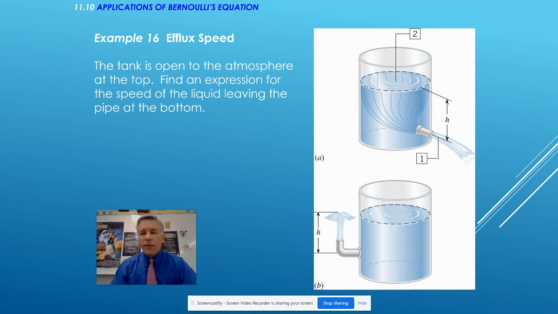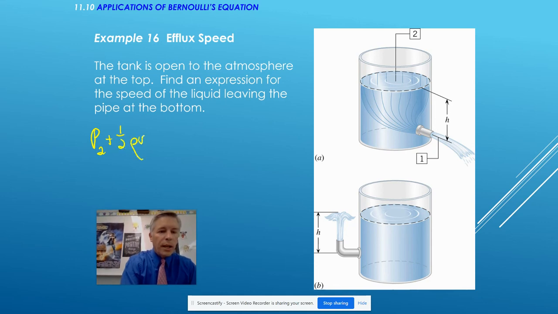And so if I have fluid flowing down and out of here, what I know is my P2 plus 1/2 rho times V2 squared plus rho g, call it H2, equals all this. So this is Bernoulli's equation.